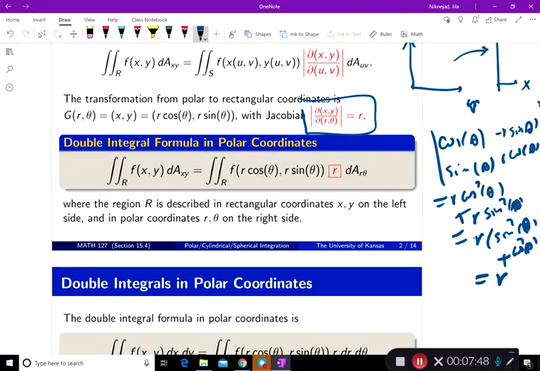And therefore, when you set up the double integral of f in the Cartesian plane, it's going to be equal to the double integral over the pre-image of R of f of r cosine theta, r sine theta, times r dA with respect to r and theta.